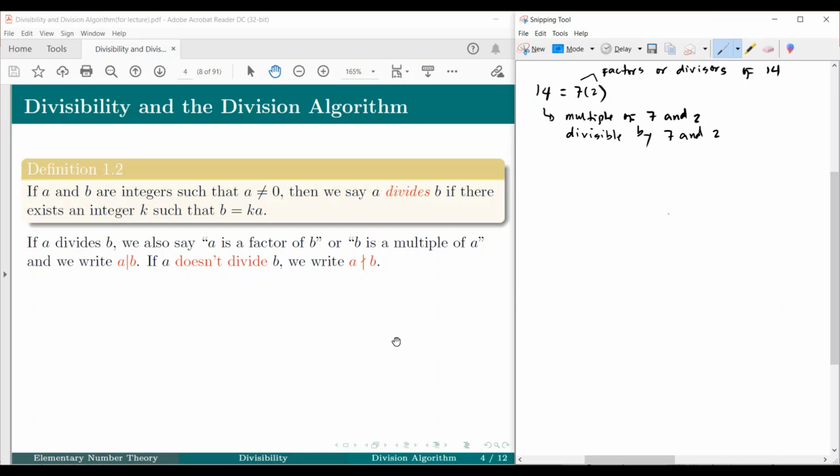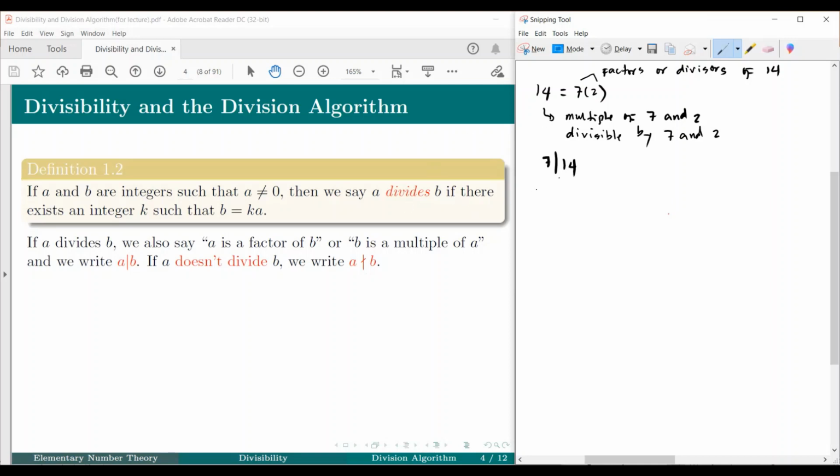So for example, in our example here, we can say that 7 divides 14. Why?